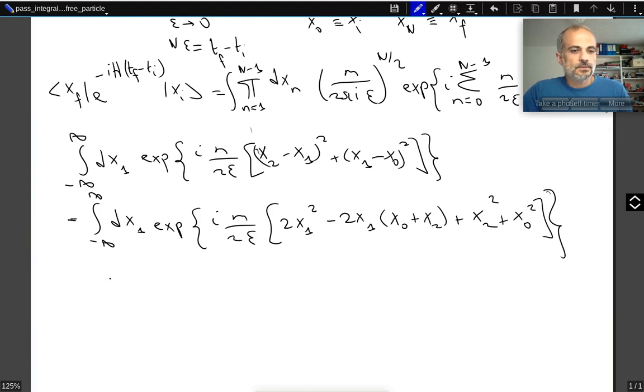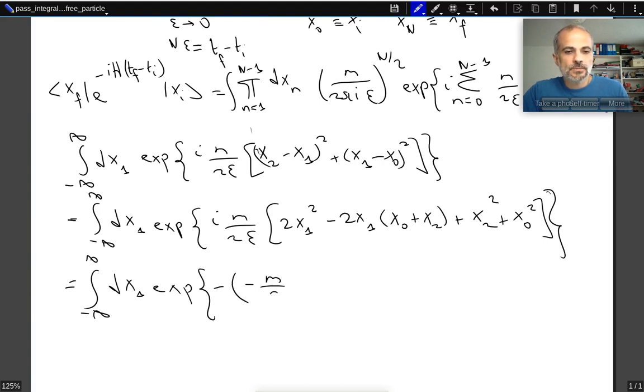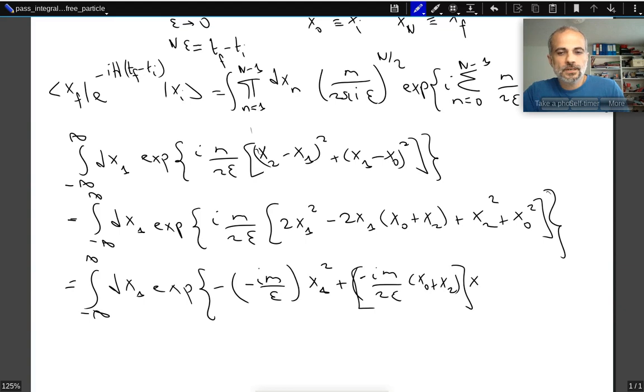Now let me just rewrite it once more. Exponent of minus m over epsilon minus i m over epsilon x1 squared, plus minus i m over 2 epsilon, x0 plus x2, multiplied by x1, and plus i m over 2 epsilon, x0 squared plus x2 squared.